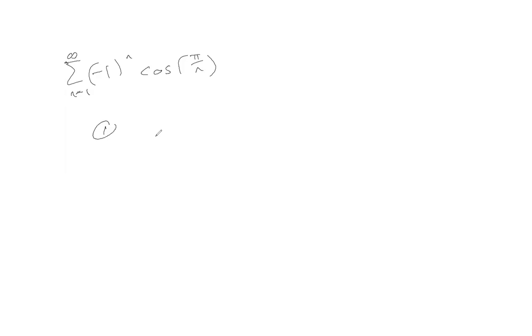So first step is to check my conditions. Is a_(n+1) less than or equal to a_n? Consider what's happening with cosine as we have pi over n. Let's think about the graph of cosine.